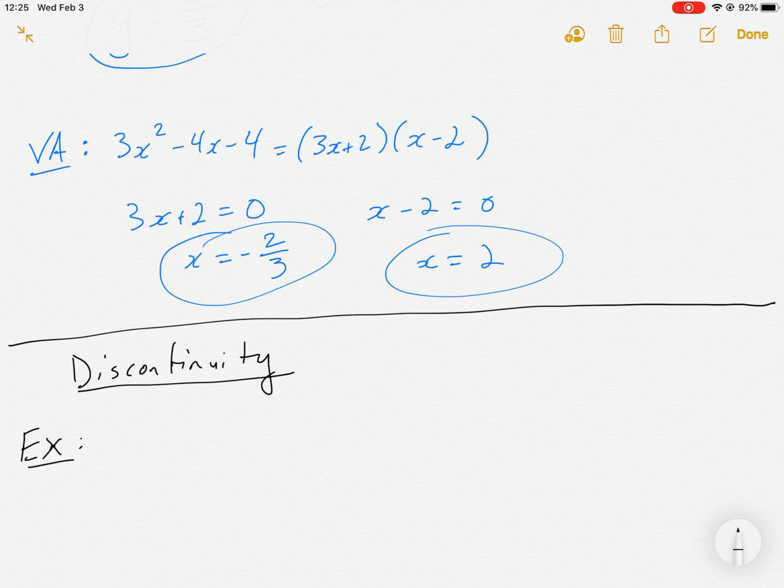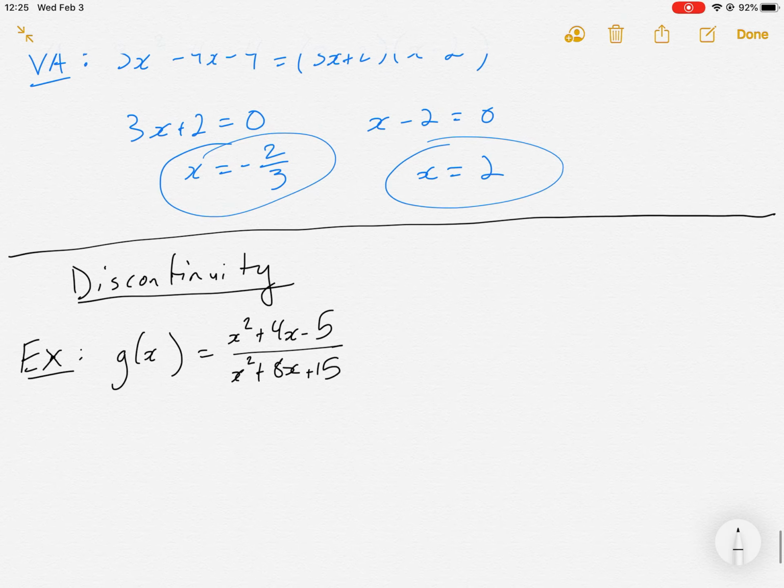All right, so let me start with an example here. Let's take a look at g of x equals x squared plus 4x minus 5 over x squared plus 8x plus 15. Something I haven't really discussed yet is that, after you've done the horizontal asymptote at least, you really should start by factoring.